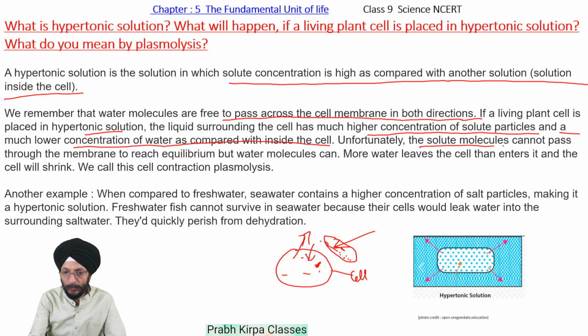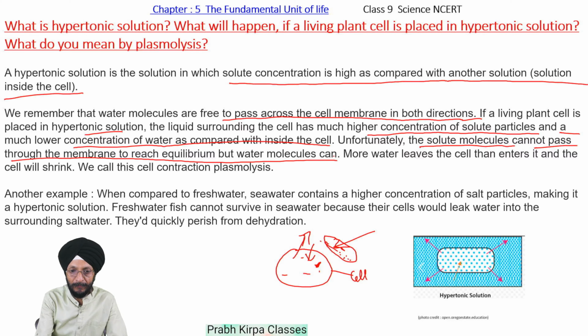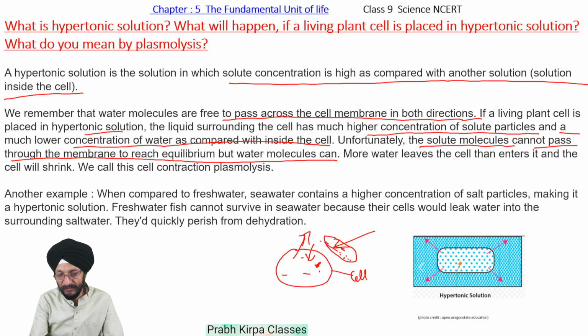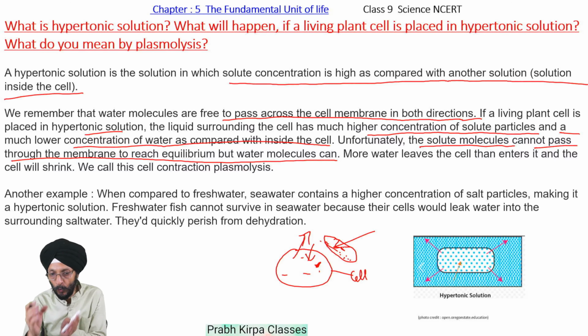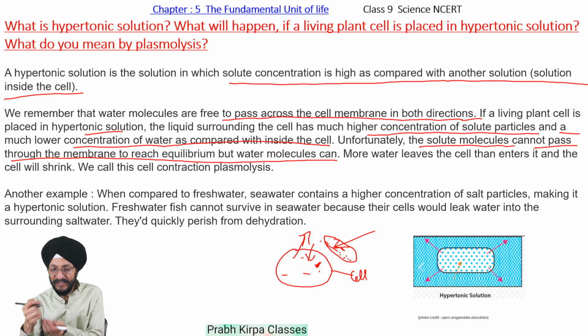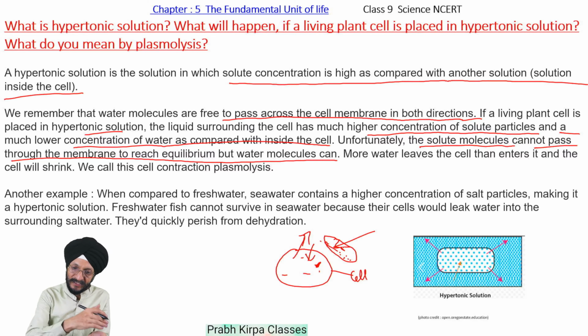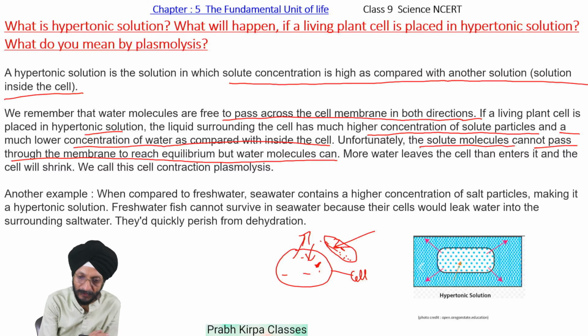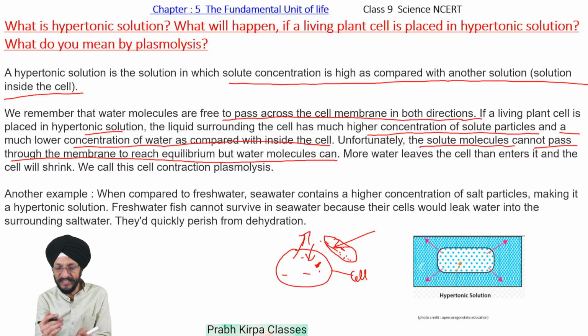Unfortunately, the solute molecules cannot pass through the membrane to reach equilibrium, but water molecules can. We have seen that water molecules can come inside and outside the cell. In this situation, we have more solute outside the cell as compared to inside the cell. For the purpose of example, if there is more salt outside the cell, these salt particles cannot come inside the plasma membrane, because the plasma membrane does not allow each and every substance to come inside, but the water can.